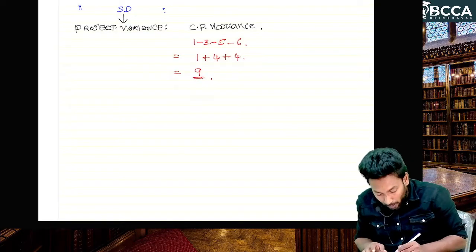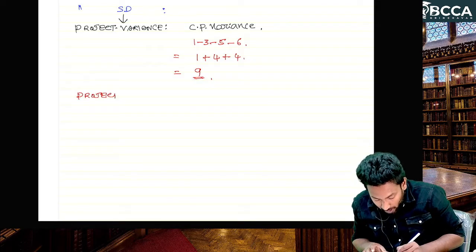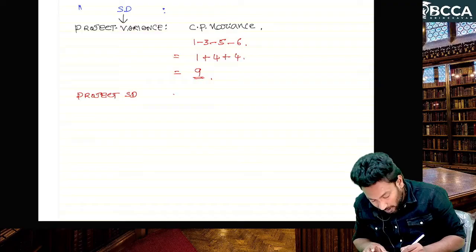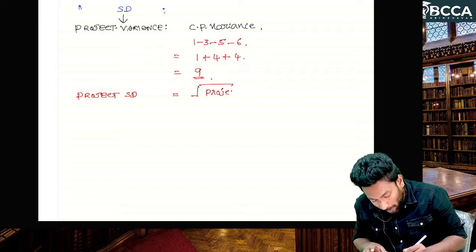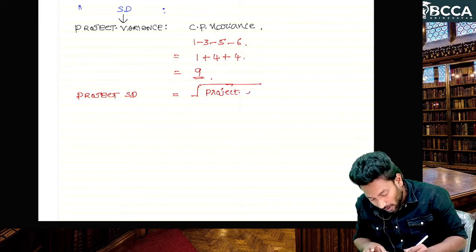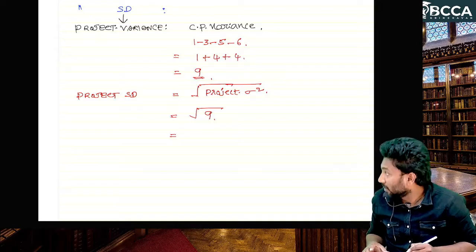Now the project standard deviation is equal to the square root of project variance. Project variance means sigma square. So what is the project variance, sir? 9 is the project variance, and the square root of 9 is the standard deviation.